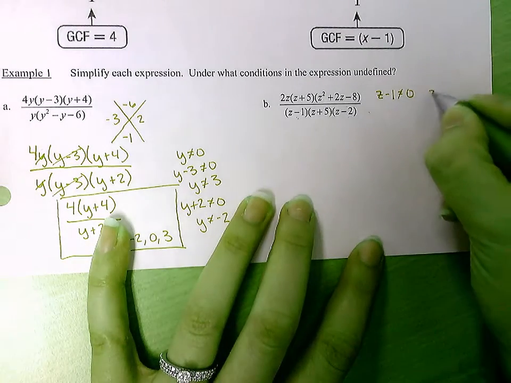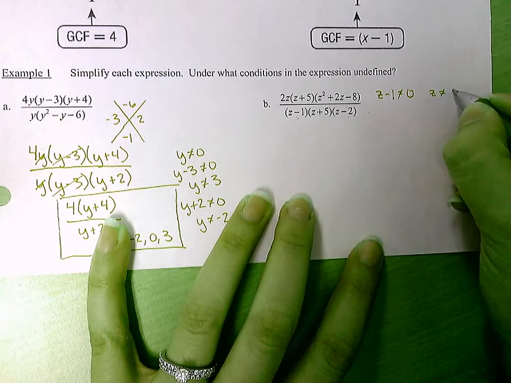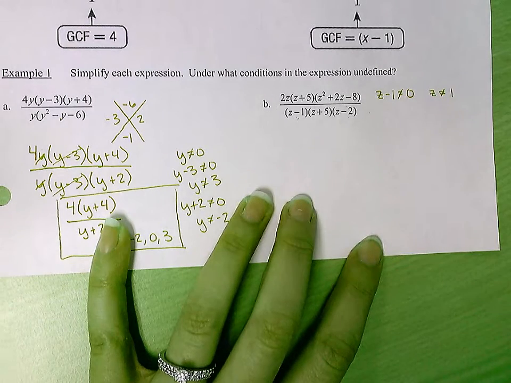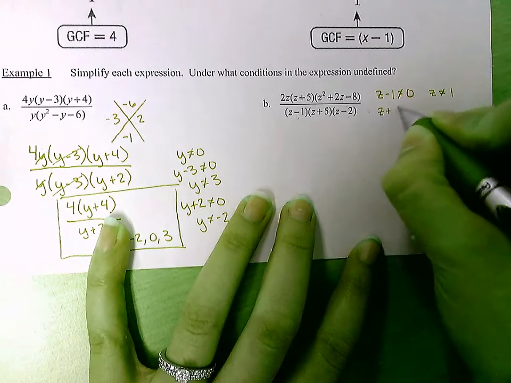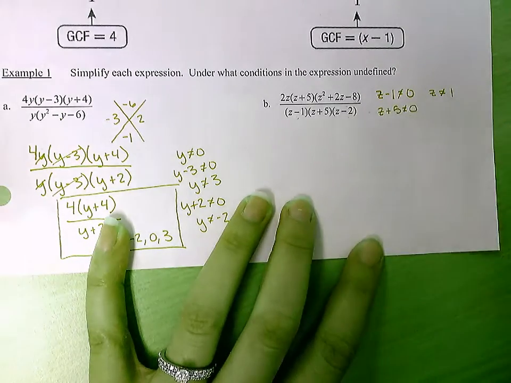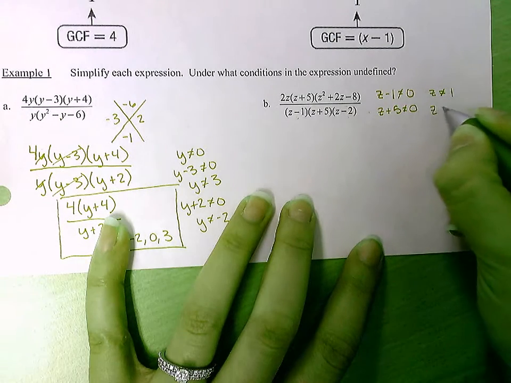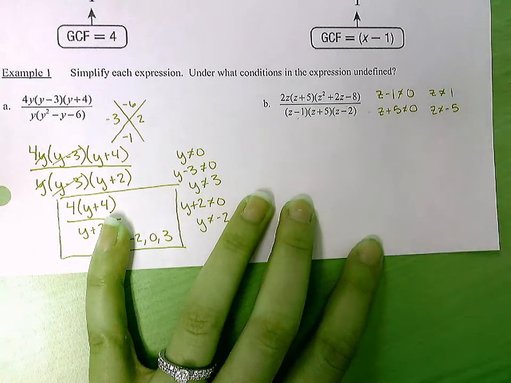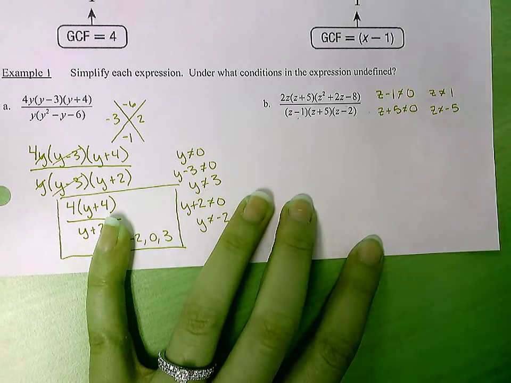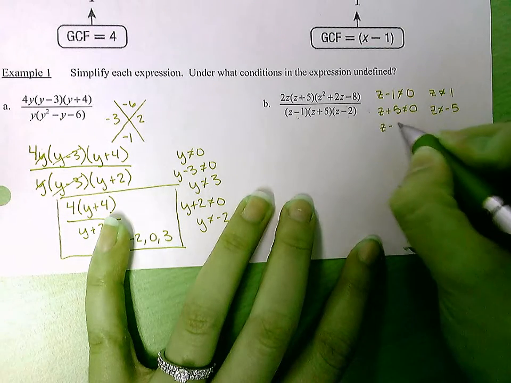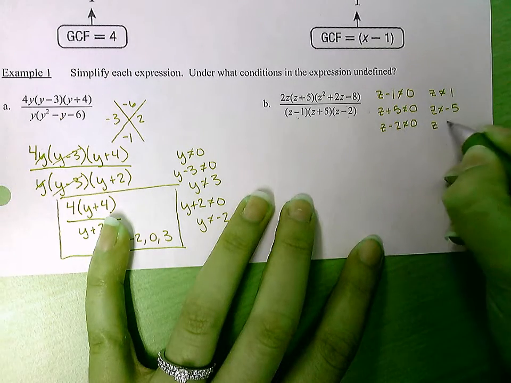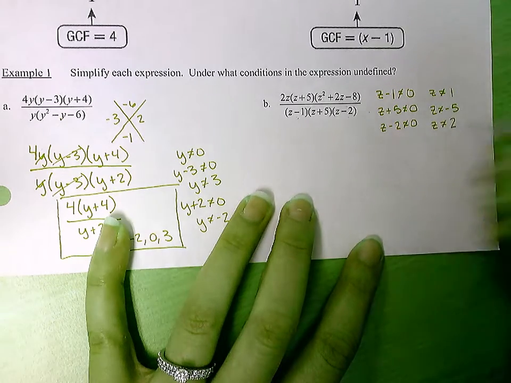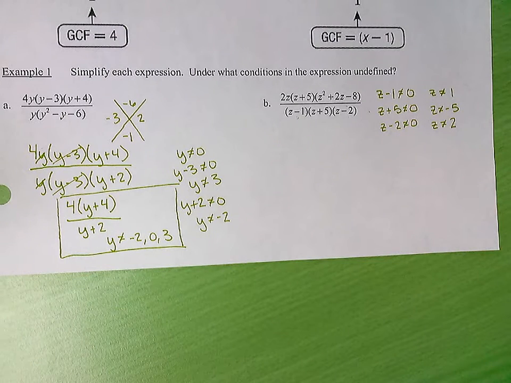When I solve for z, z cannot equal 1. Okay? I have z plus 5 cannot equal 0. So z cannot equal negative 5. And z minus 2 cannot equal 0. So z cannot equal 2. Okay, so those are your 3 numbers that z cannot equal.